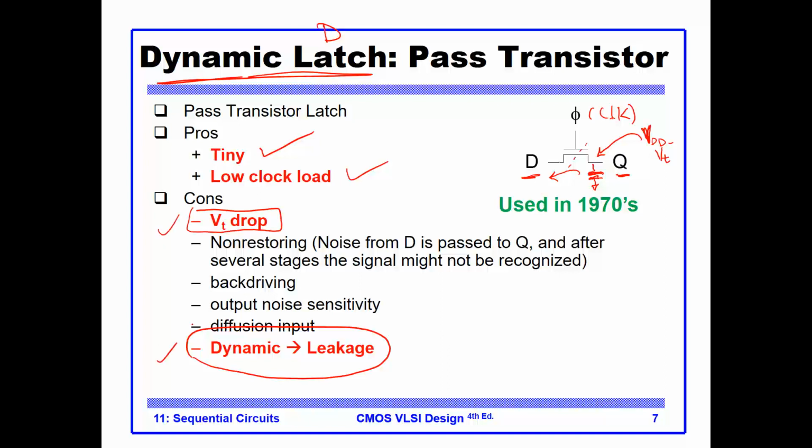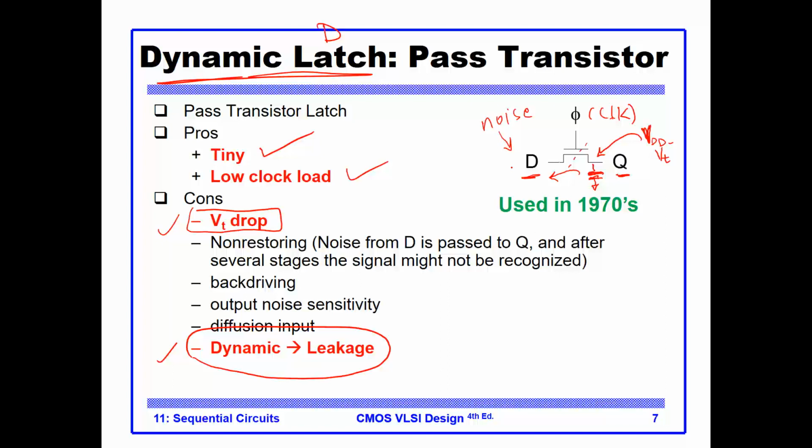Now other problems: non-restoring. Non-restoring says basically that any noise on the D input will be copied to the Q, which is a bad thing. We would like to filter out the noise in our designs.